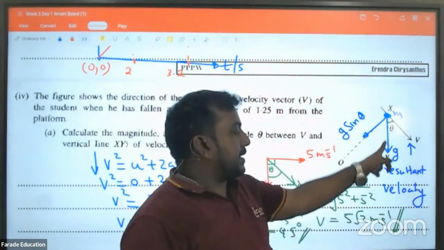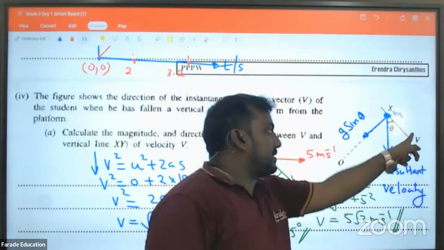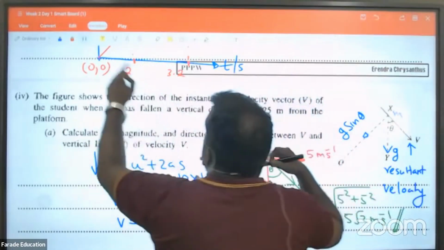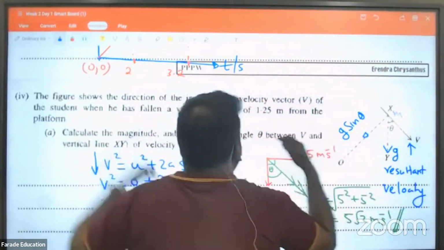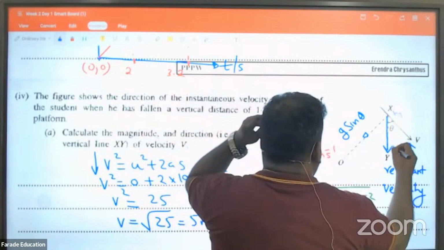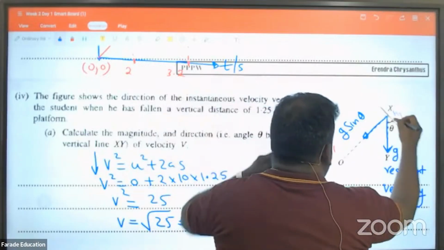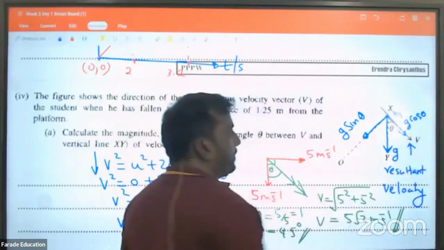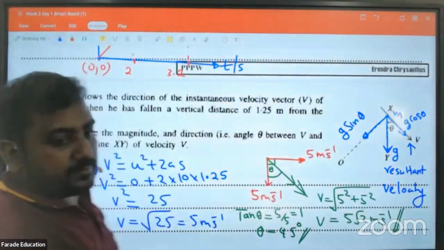Here g is acting, here theta. So g cos theta, g sin theta. Here you have g, g sin theta. Here g cos theta. g cos theta is what? Tangential acceleration.